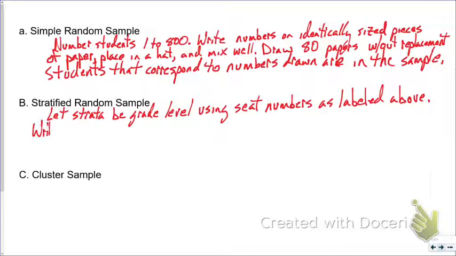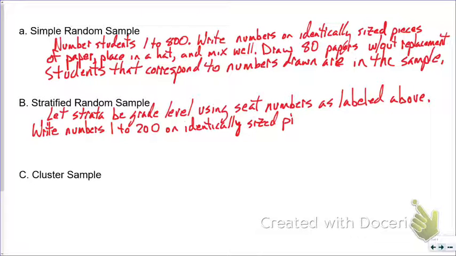Write numbers 1 to 200 on identically sized pieces of paper.